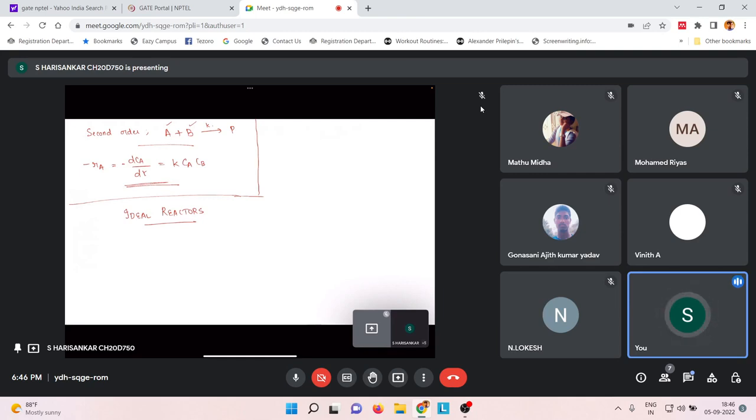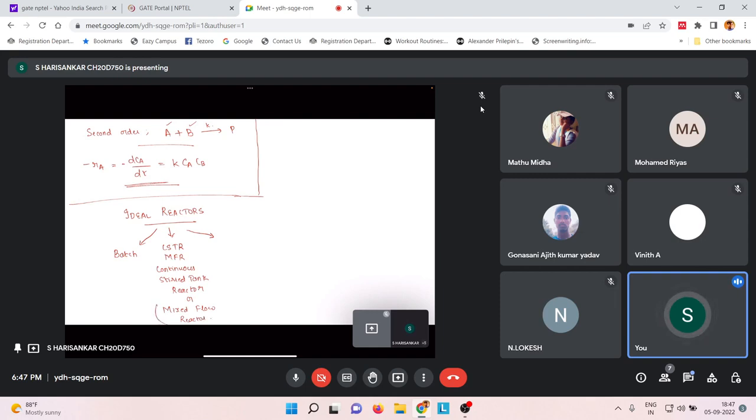Fine. So as I said, there are three types of ideal reactors: batch, CSTR, which you can even term as MFR. CSTR stands for continuous stirred tank reactor, and MFR stands for mixed flow reactor.